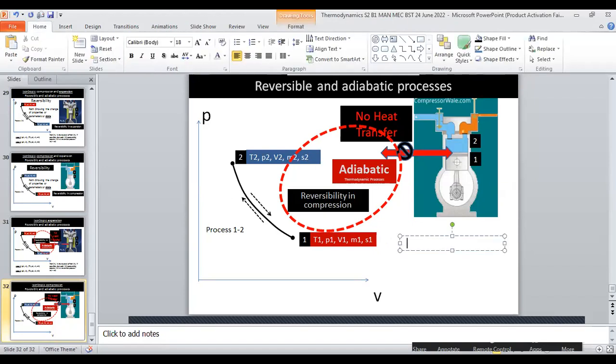For reversible and adiabatic, S1 is S2. S2 means unchanged, what we call constant entropy, or we call this isentropy.